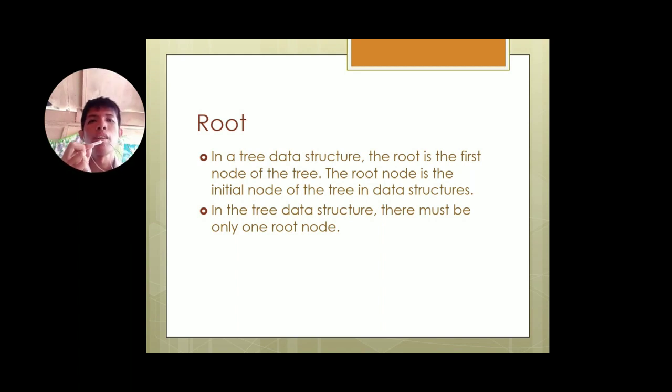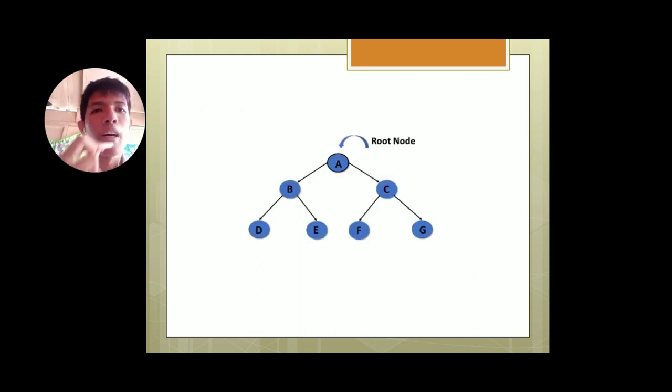An example is a family tree, where there is someone at the top. Or in an organizational chart in an office, the CEO is the root, and then it continues down. For example, here A is the root, the one at the top.